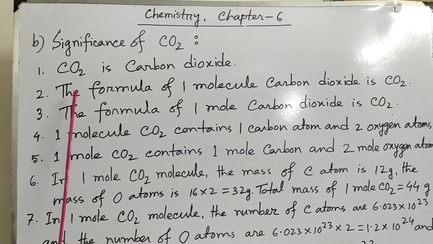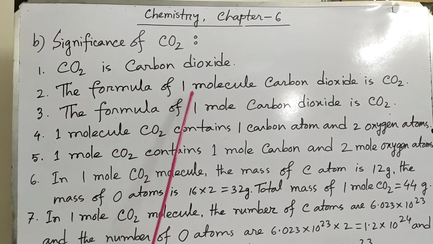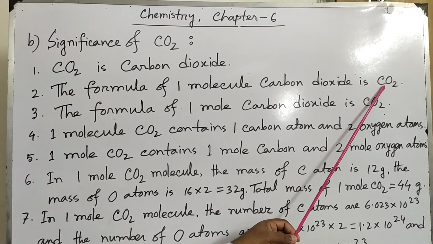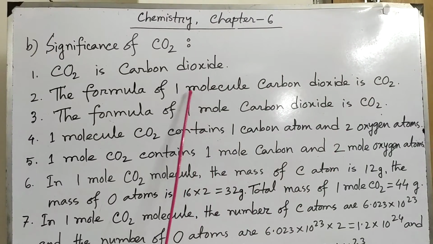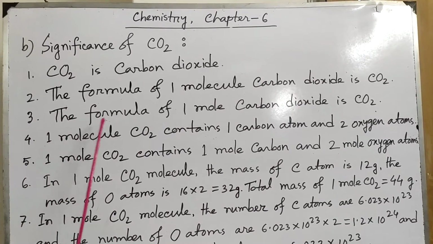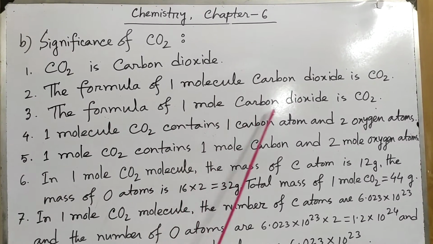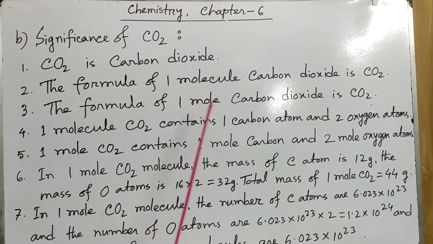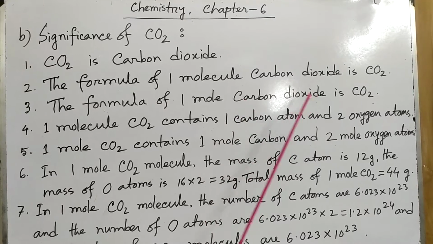Now number 2, the formula of one molecule carbon dioxide is CO2. So CO2 means it is one molecule carbon dioxide. Now number 3, the formula of 1 mole carbon dioxide is CO2. Again, if we write CO2, then we will understand it is 1 mole carbon dioxide.